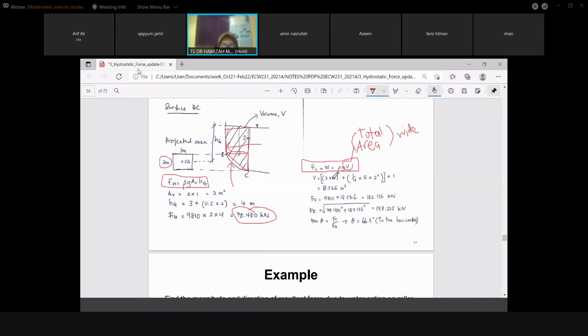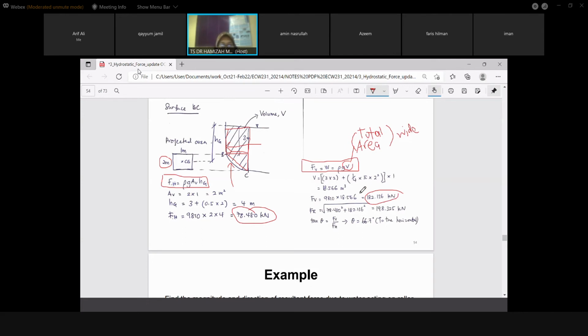So 3 times 2 is the area of the rectangle, tambah suku circle, that's why 1/4 pi r squared. Okay, when we get the total area of the structure, we darab dengan y, which is 1. And then substitute the value in the formula. You can get this amount for vertical forces.